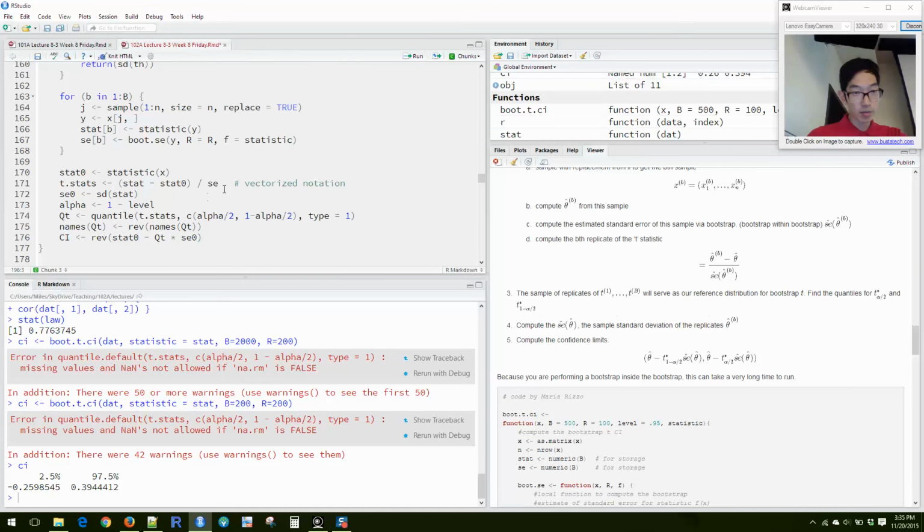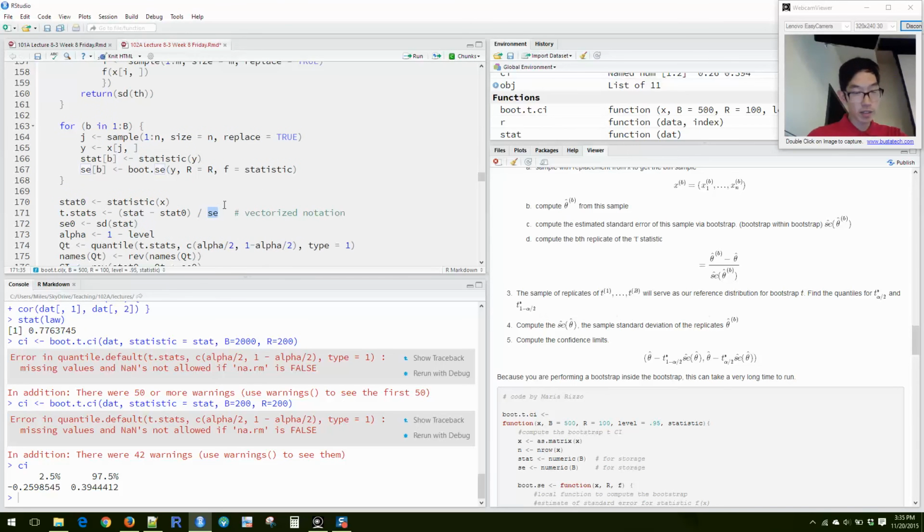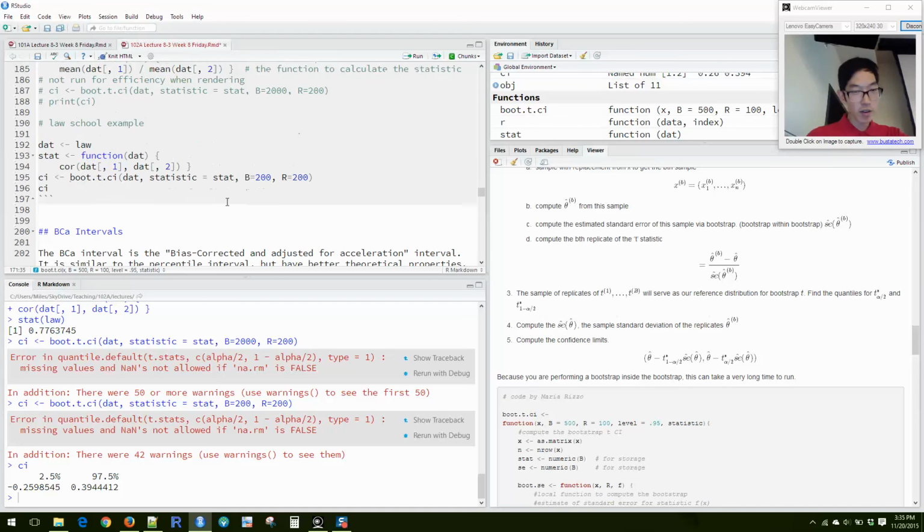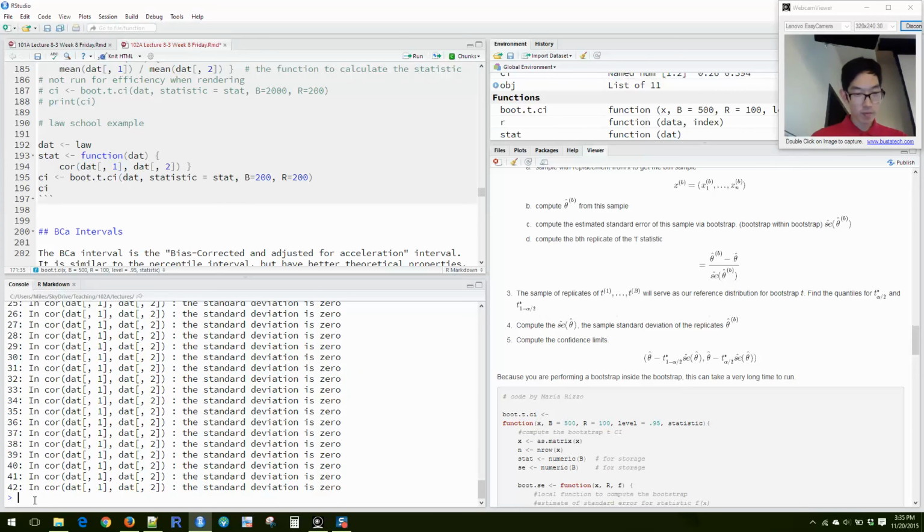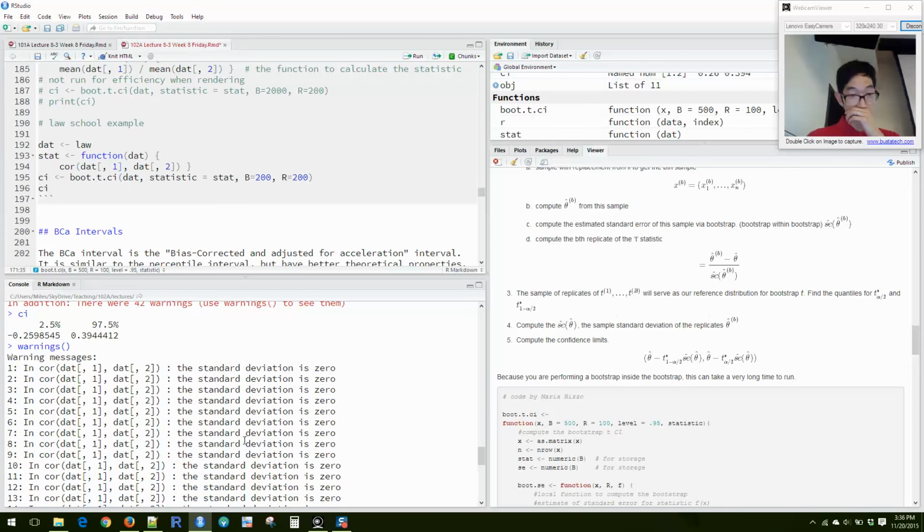Okay, so I bet somehow the standard error is coming out as 0 in some of these functions. Let me see. The standard deviation is 0. Correlation in data 1, 2.